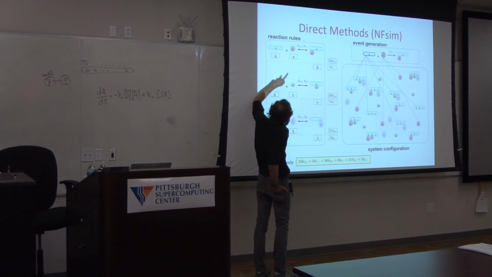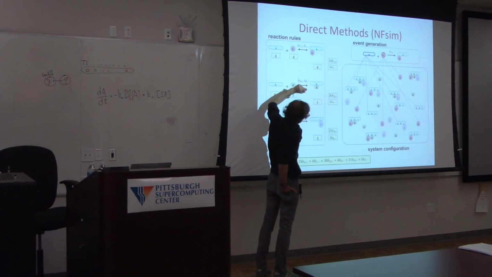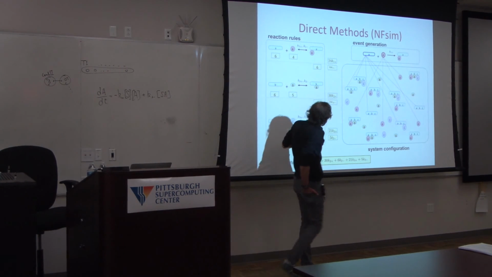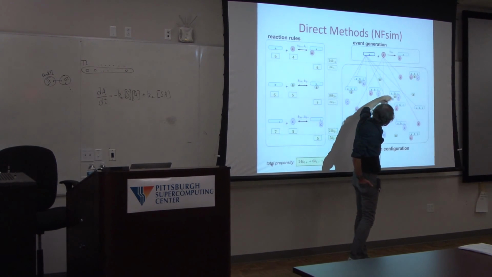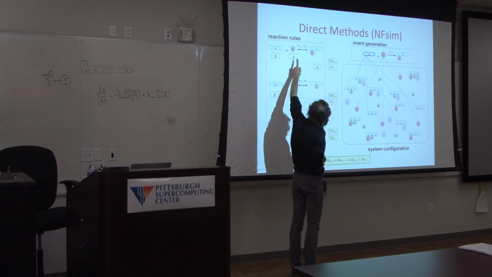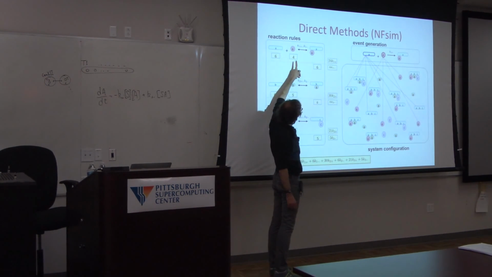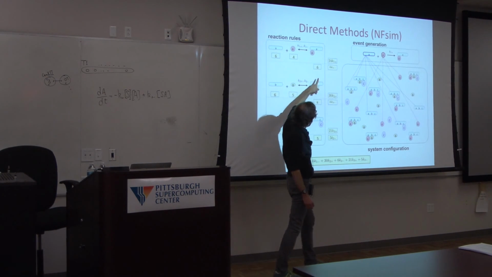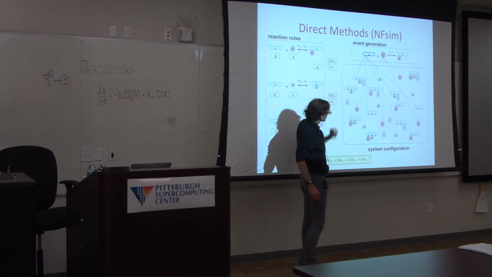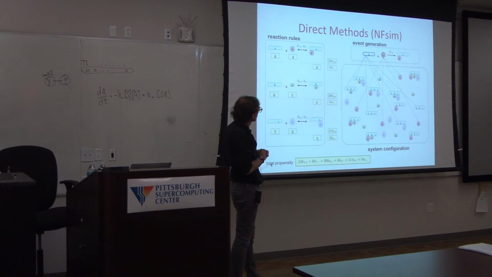For example, there are currently 6 scaffold molecules with a free A site in the system. I think that's correct. Should be 1, 2, 3, 4, 5, 6. And there are currently 4 free A molecules. And so the total number of reactant combinations in the system is 24. And the total rate is going to be 24 times the reaction rate constant, k plus 1.